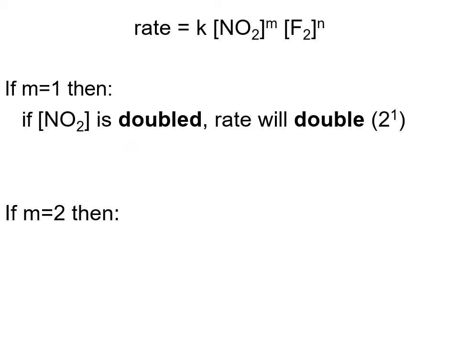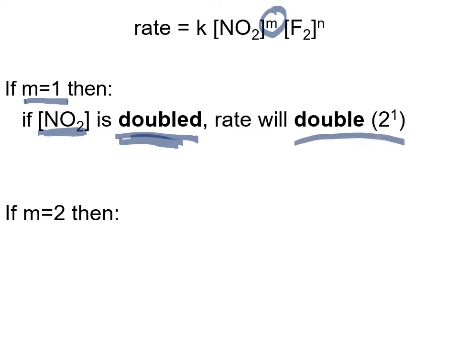So a couple of things. If we had our exponent M here, if we do the work and we find out that M is equal to 1, then what that's saying is that if you change the concentration of NO2 and you double it, and the exponent is 1, then whatever you do to the concentration of the reactant, that same thing would happen to the rate of the reaction.